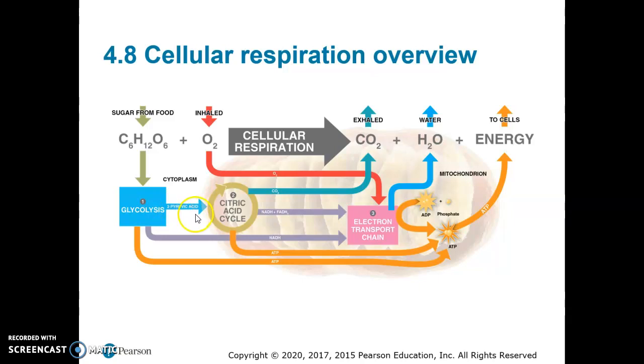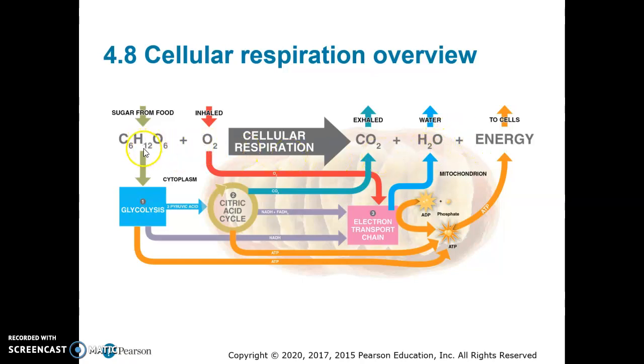The pyruvic acid is then transported into the mitochondria where the second stage takes place, and that second stage is called the citric acid cycle. Basically what's happening in the citric acid cycle is all of those hydrogens are being removed from the sugar. Keeping in mind that cellular respiration is removing the hydrogens off of the sugar and moving them over to the oxygen that we breathe and turning it into water.